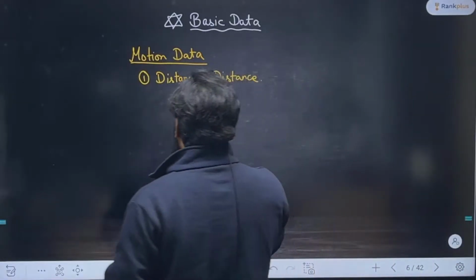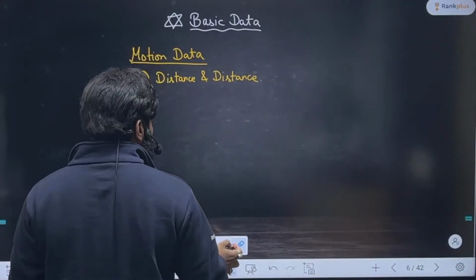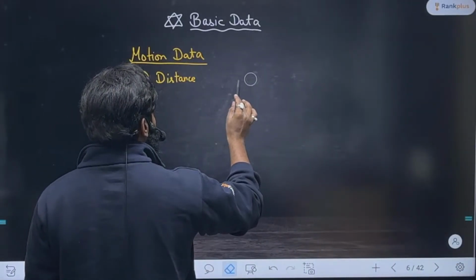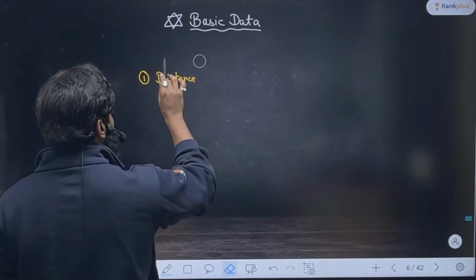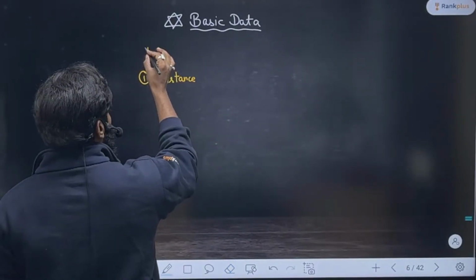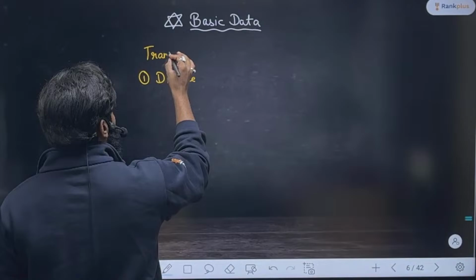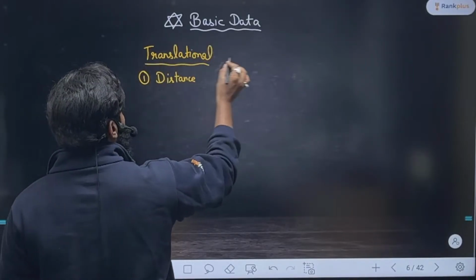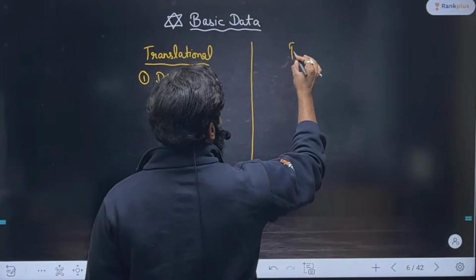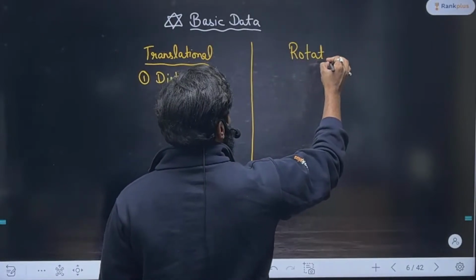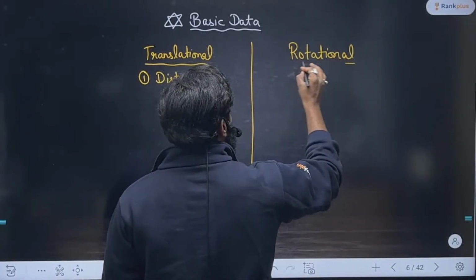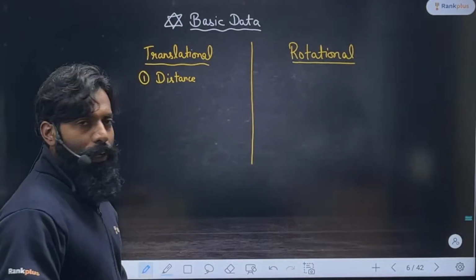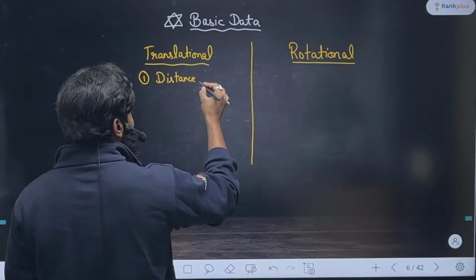So here my main focus was on distance. Consider distance and displacement as the same, because here I'm considering the data for translational motion. And if I consider the rotational analogous to the translational, we have another thing here, distance or displacement.